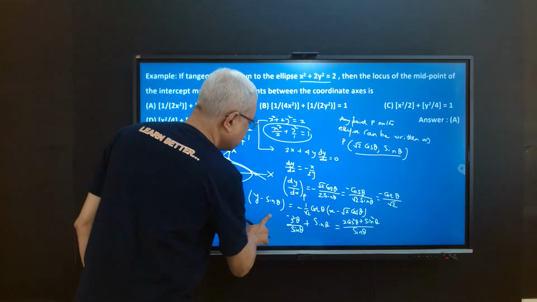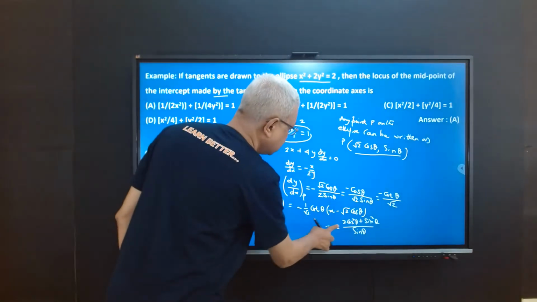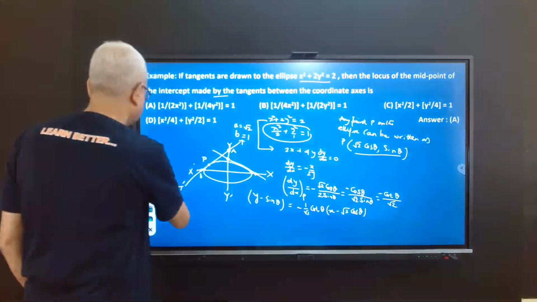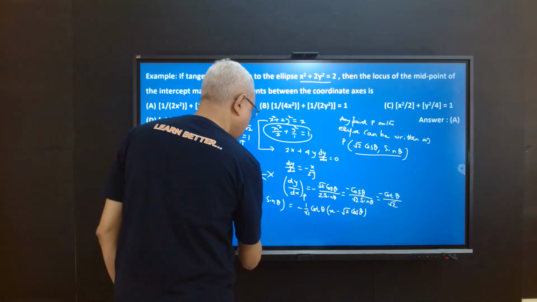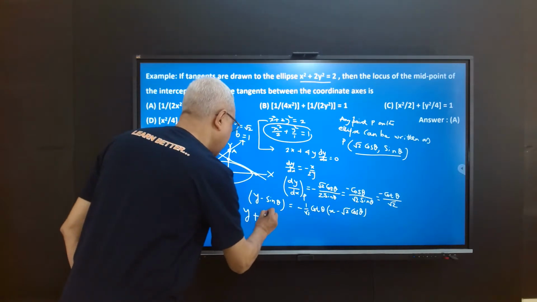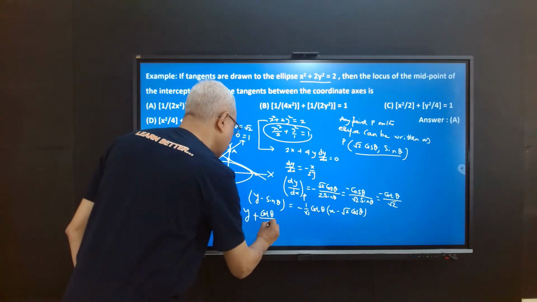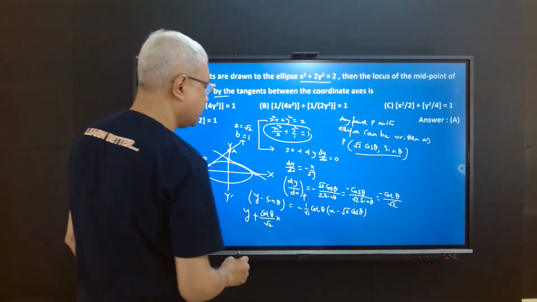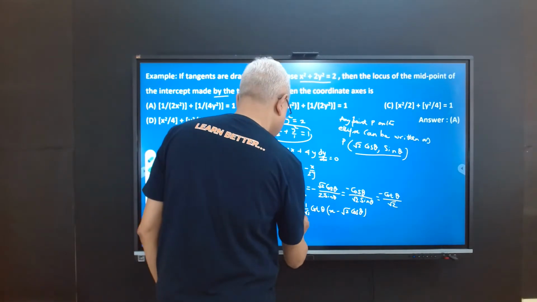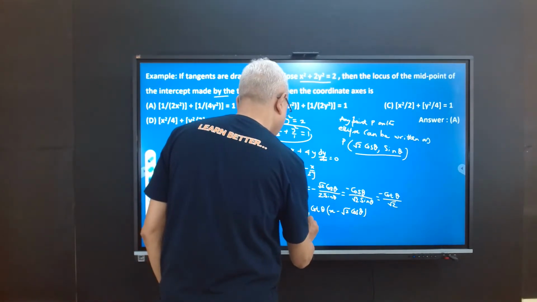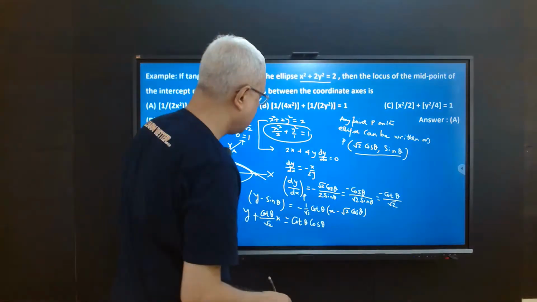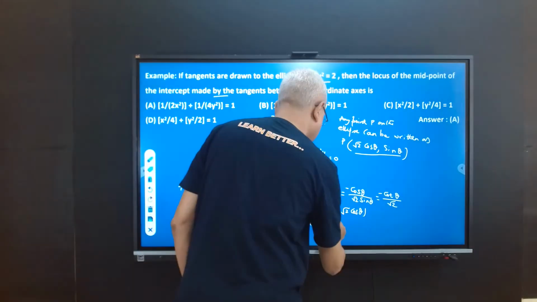If we rewrite this equation, so y plus cot theta by root 2 x is equal to cot theta cos theta plus sin theta.